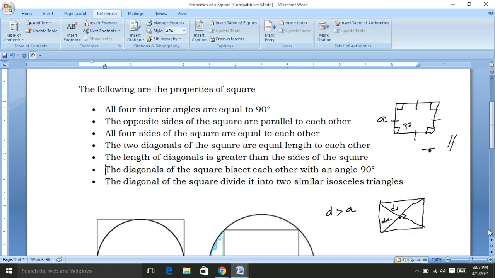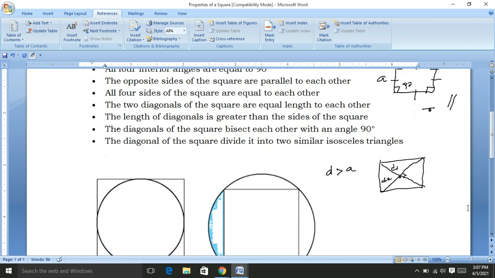That means, let us consider this one. And we can draw the two isosceles triangles by using this square, right?